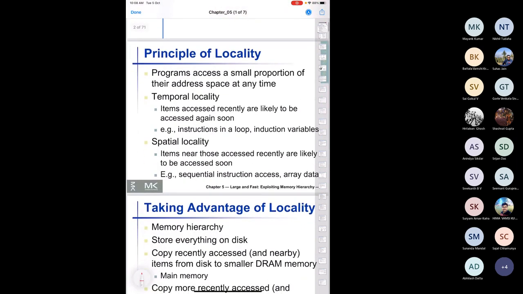The basic reason why it is possible to work with relatively less amount of memory is something called the principle of locality. What is the principle of locality? In very simple terms, it means programs access a small proportion of their address space at any given time.